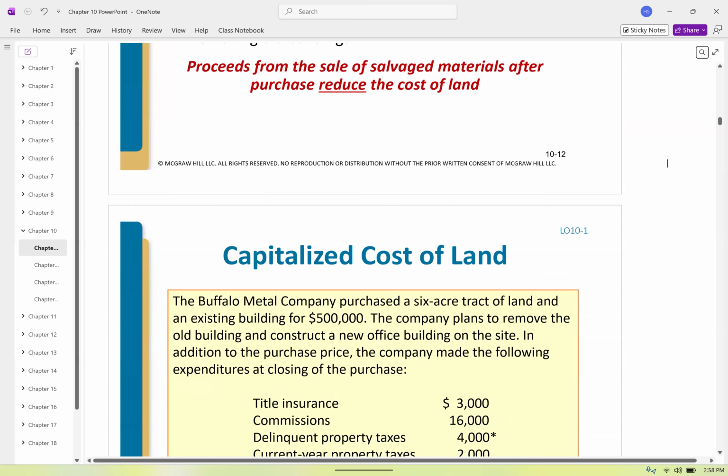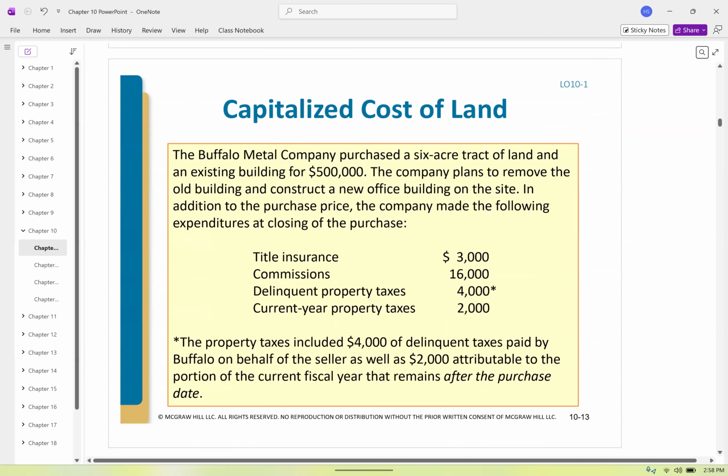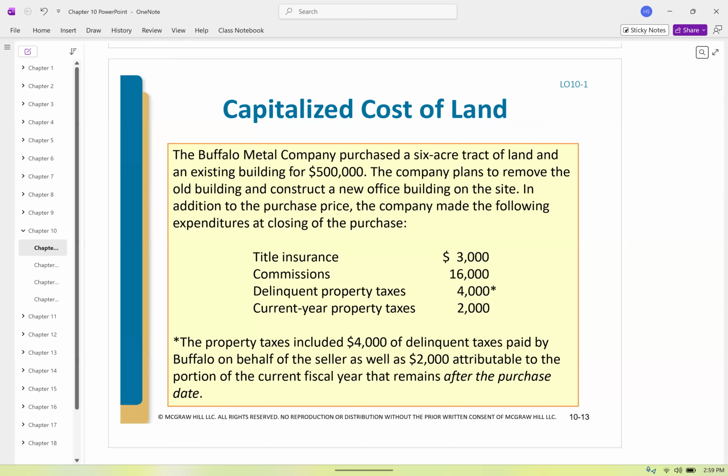Okay. All right, we have an example here for capitalizing the cost of land. Buffalo Metal Company purchased a 6-acre tract of land with an existing building of 500,000. The company plans to remove the old building and construct a new one on the site.